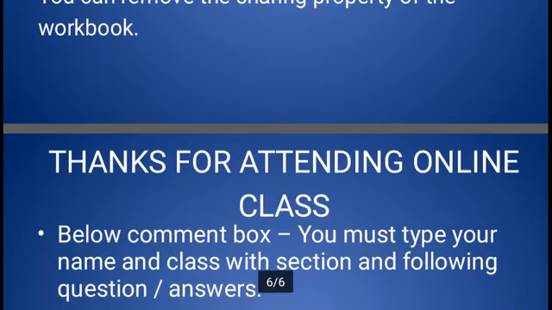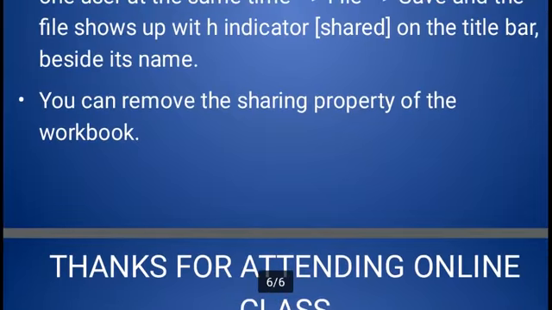Today I have discussed the sorting facility, the filtering facility, and performing calculations based on different worksheets, also with the help of the linking option. We can say this is consolidated data.